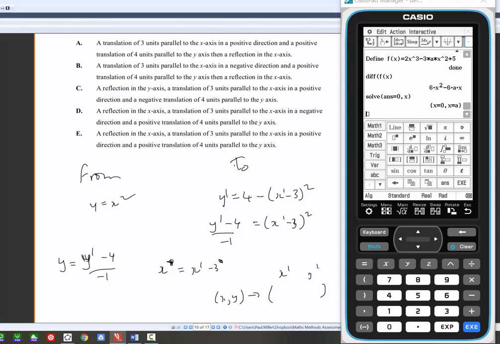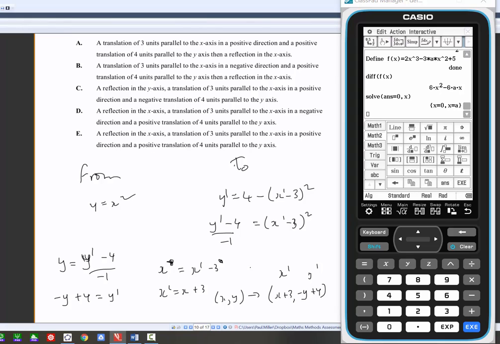So that means I need to make x dash the subject and y dash the subject. So x dash equals x plus 3, that's this one here. So x plus 3 is x dash, and -y plus 4 equals y dash. All right, so let's just see what we've got.